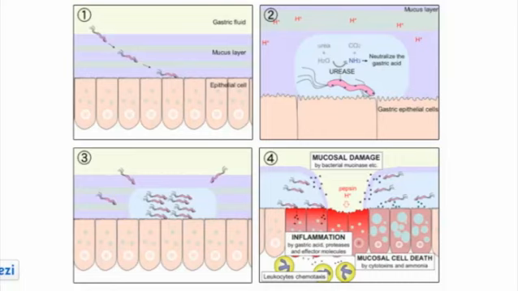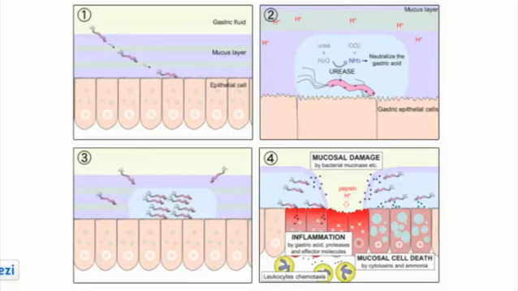And in this second diagram, it shows the bacteria invading the epithelial cell surface and releasing toxins such as ammonia, which is formed by urease activity from the organism. This ammonia neutralizes the gastric acid to avoid elimination.